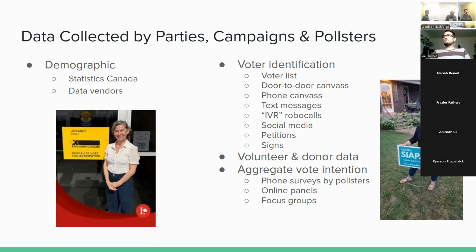One of the tools used to do that is demographic data, either the raw data from Statistics Canada or processed data from data vendors like Environics Analytics, who will sell you a data set that is derived primarily from the census that Statistics Canada does, but also consumes data from a lot of other public and commercial data sets.